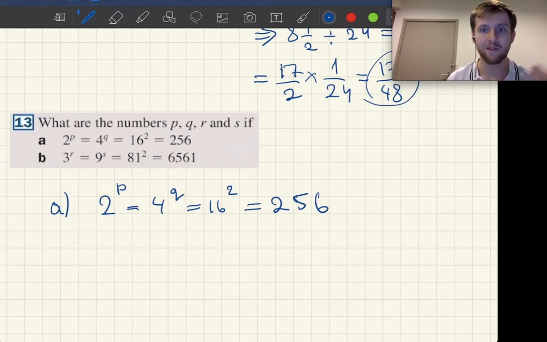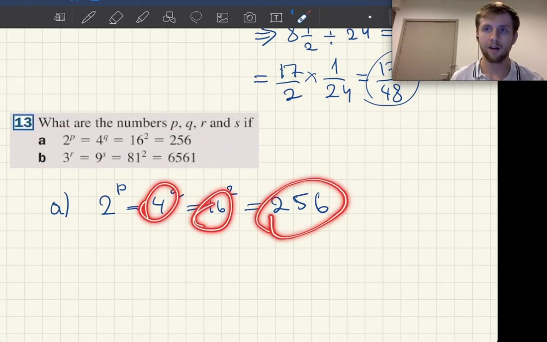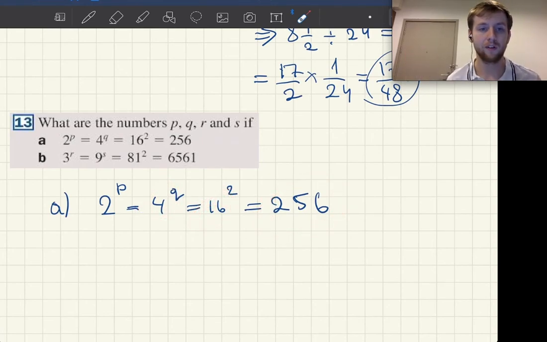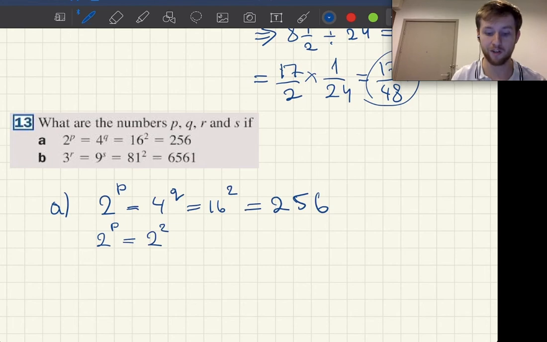So here we have to find what they have in common. It turns out that actually all these numbers, if you think about it, are all powers of 2. And what we have to do is write it like this. 2 to power P equals 2 to power 2, because this is what 4 is. 4 is 2 to power 2.